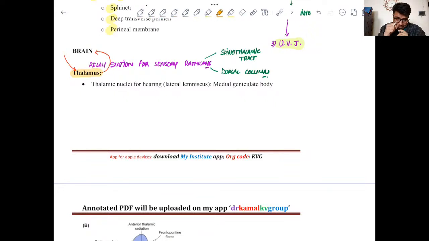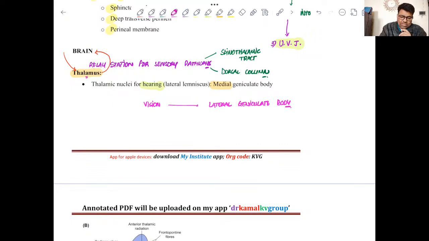Now for hearing, the thalamic nucleus is the medial geniculate body, and for vision the thalamic nucleus is the lateral geniculate body. So all the sensations have to reach the thalamus first, except olfaction.